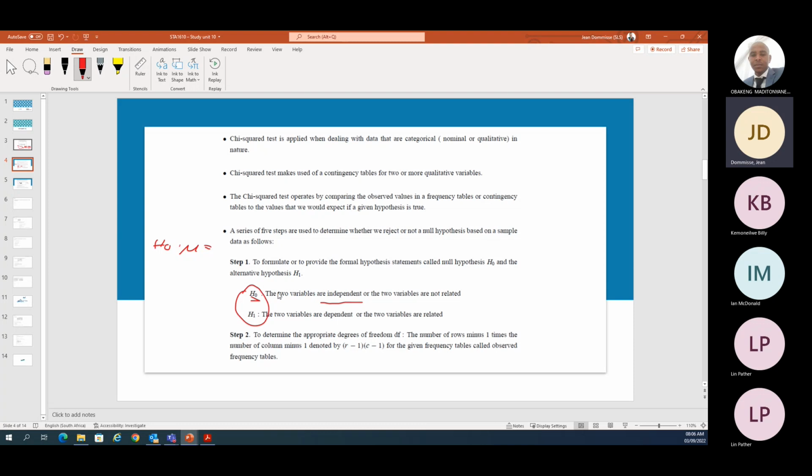So in your chi-square, we are always saying your null hypothesis is independent. And that is very important because you'll see sometimes that they throw those two around, and then you actually know that that is the incorrect answer.